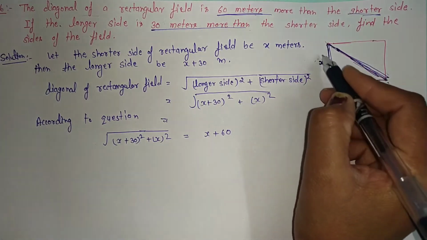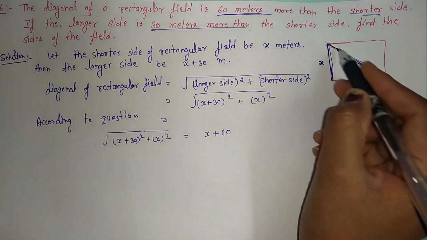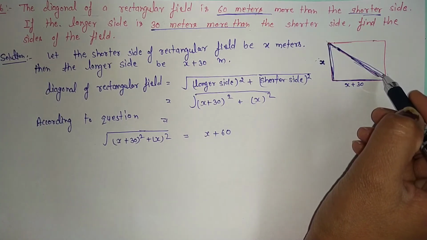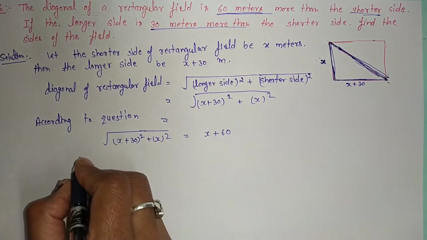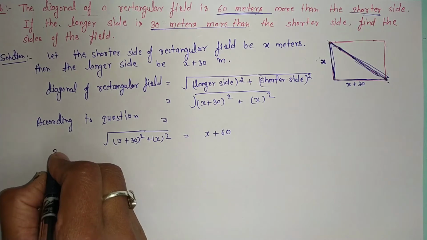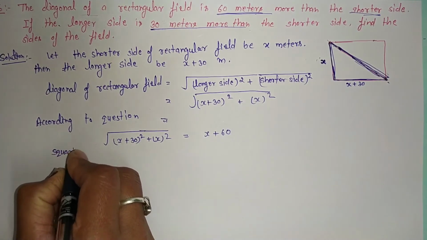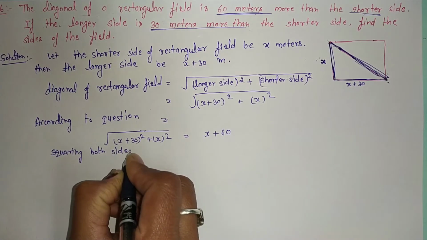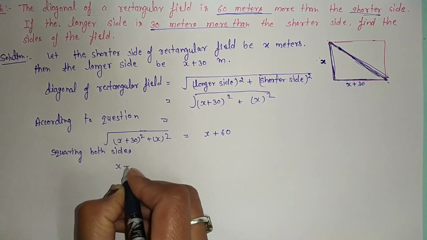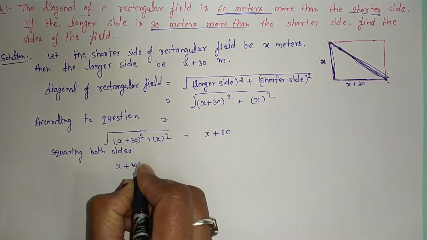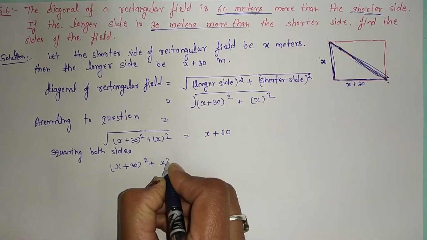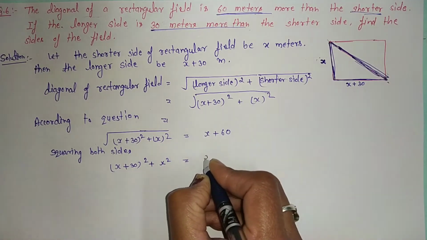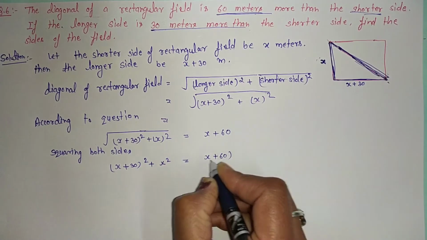When the shorter side is x meter, then the diagonal will be x plus 60. By squaring both sides, we get (x plus 30) square plus x square is equal to (x plus 60) square.